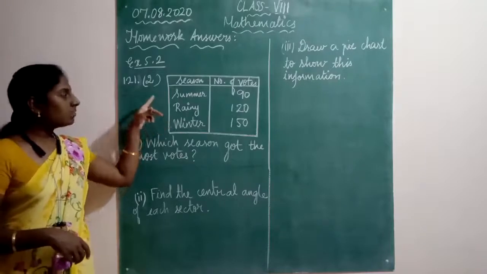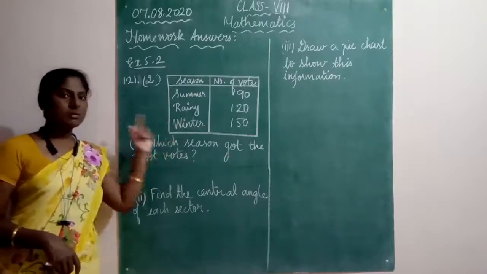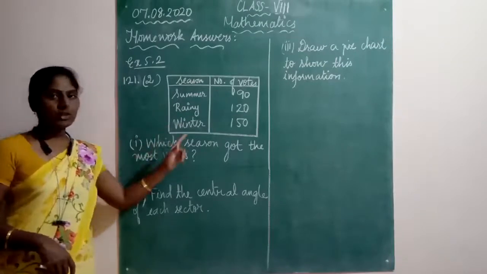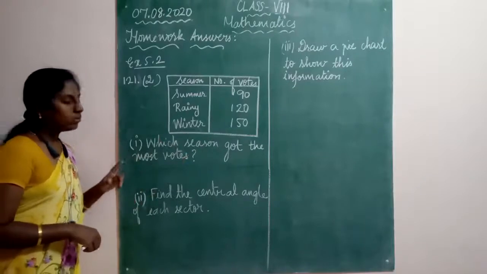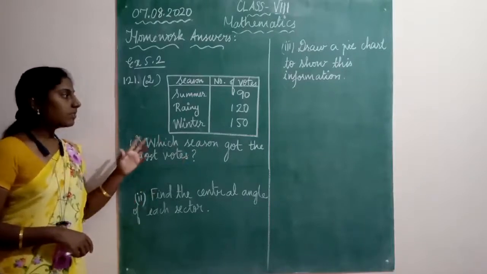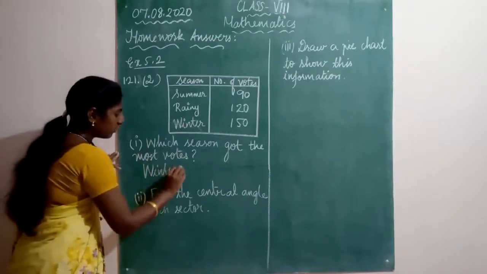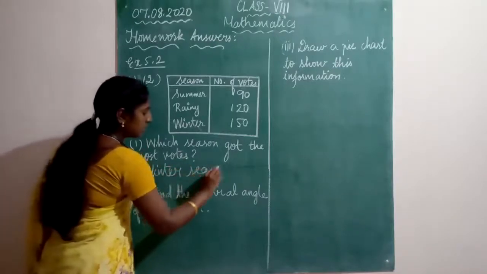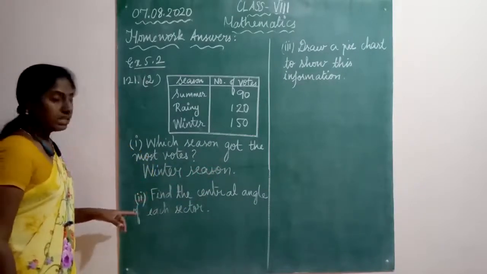For summer 90 people voted, for rainy 120 people voted, and for winter 150 people voted. The question is, which season got the most votes? Winter season. So write the answer: winter season.